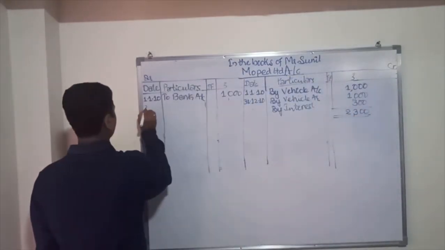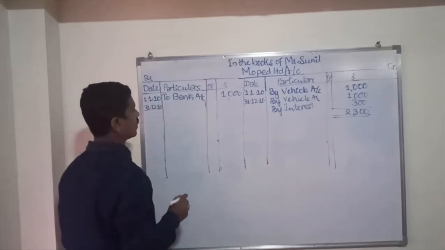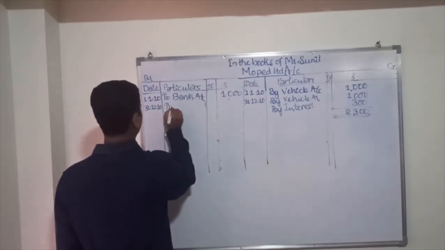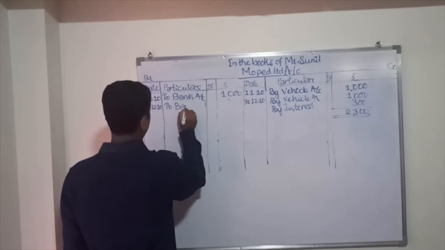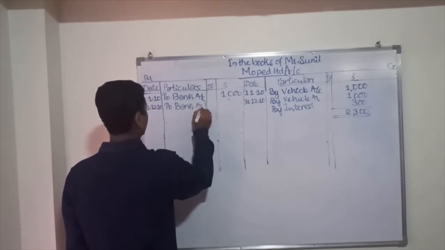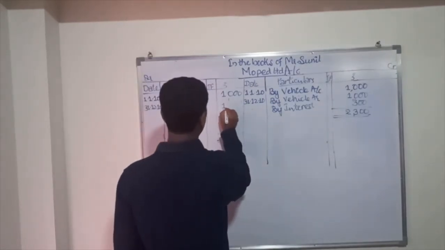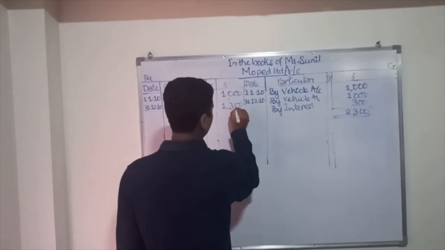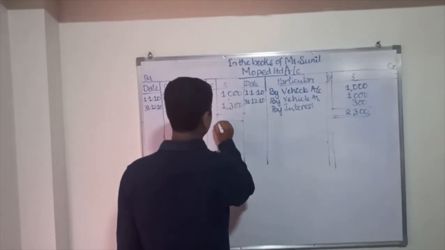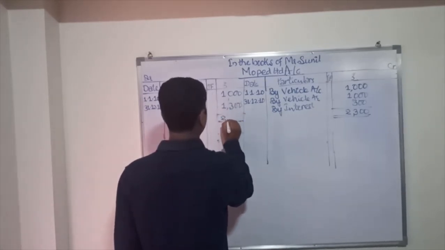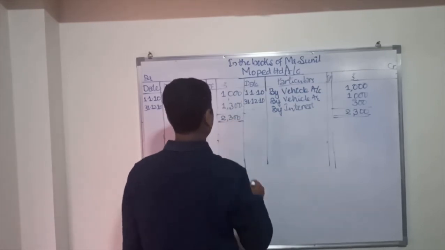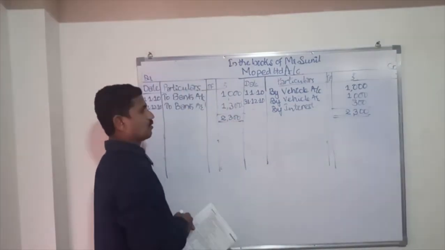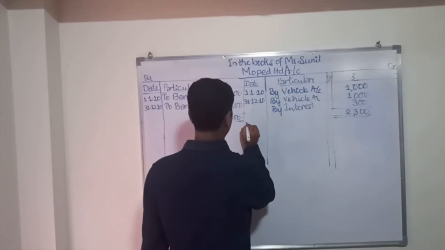So on 31/12/2010, when the first installment is paid, then the entry will be Moped Limited account debit to bank account. So to bank account here, 1300. So when you take up the sum of this here, it will be 2300.